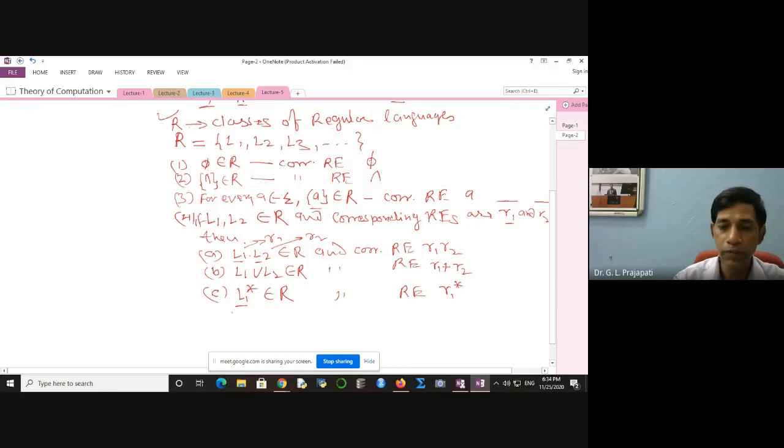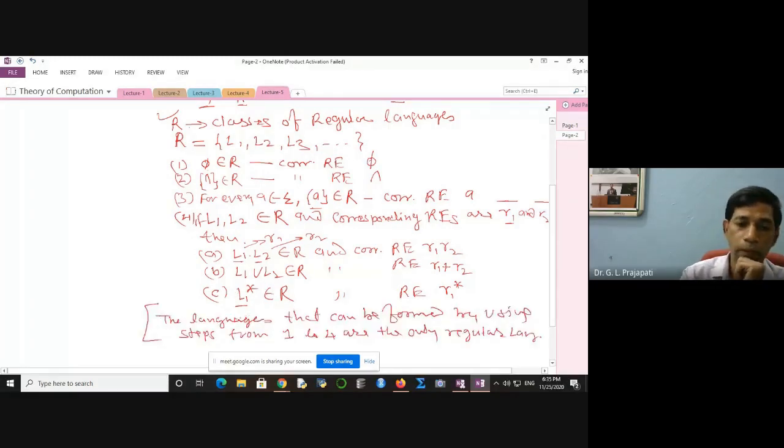Similarly, L2 Kleene star belongs to R, and the resulting regular expression is R2 Kleene star. So languages you can form by means of steps 1 to 4: you can start from the basic regular languages, then make complex regular languages by step 4.